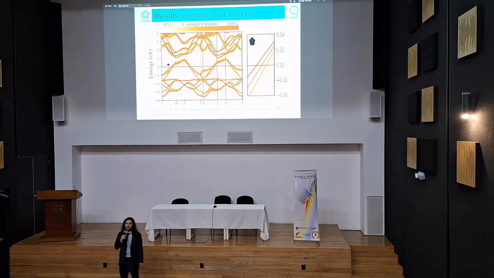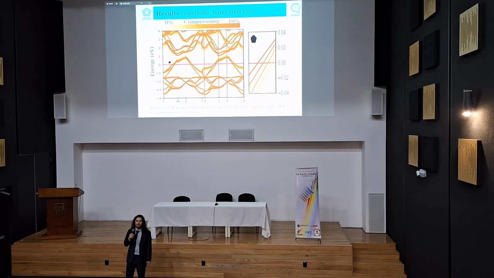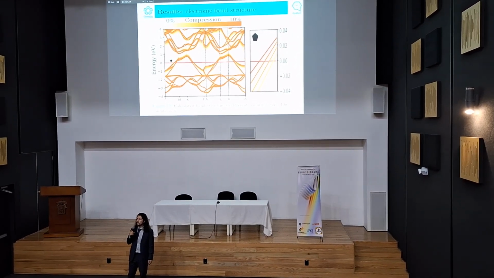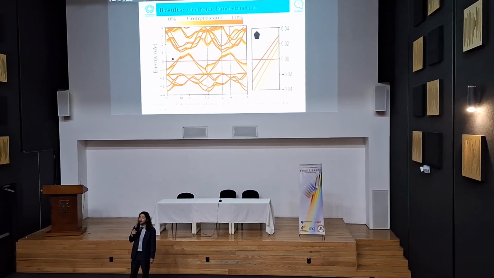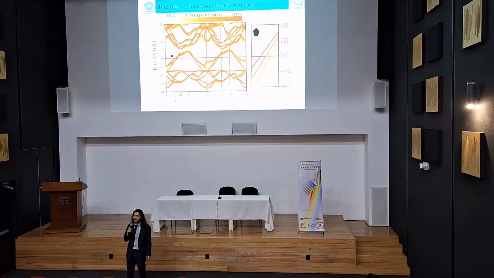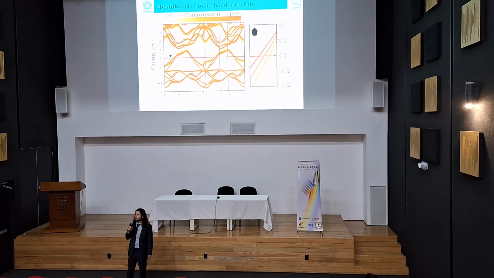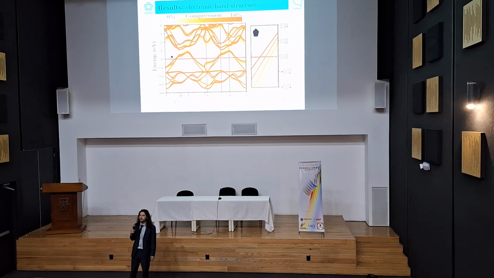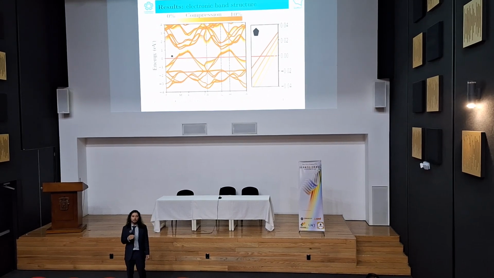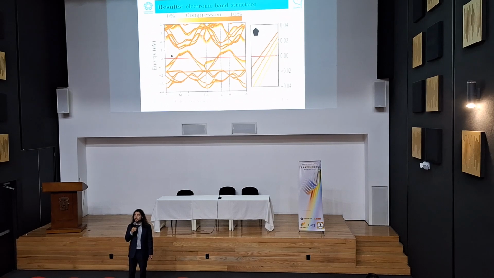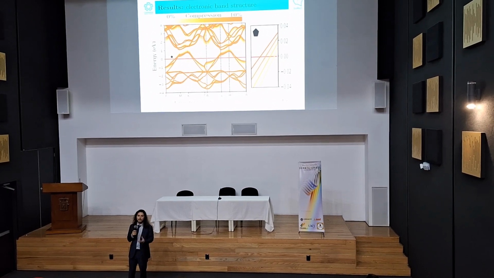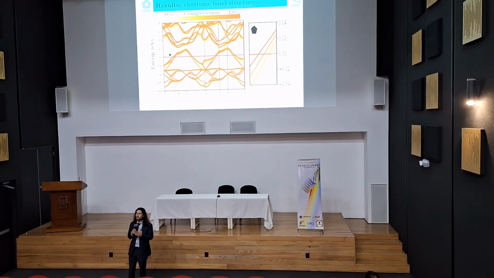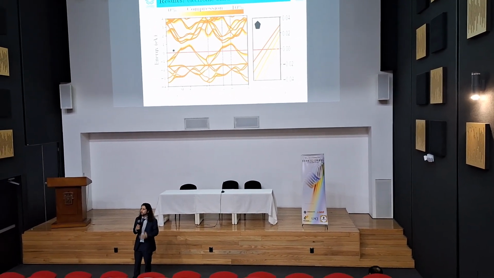In contrast, the valence bands remain within the same range of energy values. And at the Fermi level, in the path from gamma to M, we see a reduced slope of the bands, which means that the Fermi velocity decreases. And this indicates again that the electrical conductivity of the material decreases.